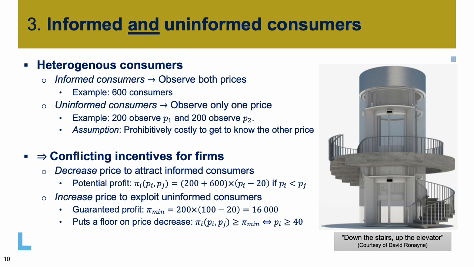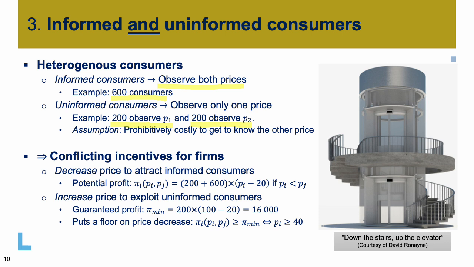One way to think about it would be to have 600 consumers who can observe both prices, and the rest, the 400 consumers, for half of them observe just P1 and the other half observe just P2. And for now, assume that there is no search cost, or the search cost is prohibitively large. So consumers are uninformed and cannot become informed.